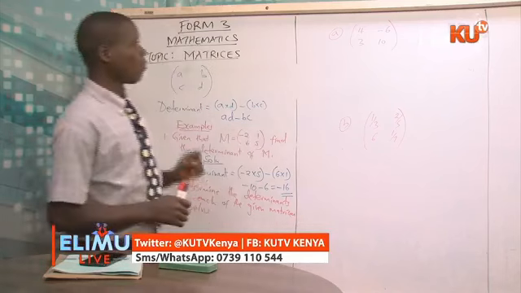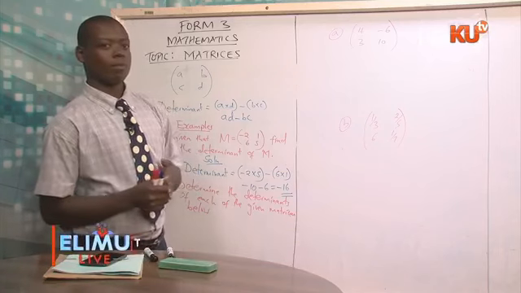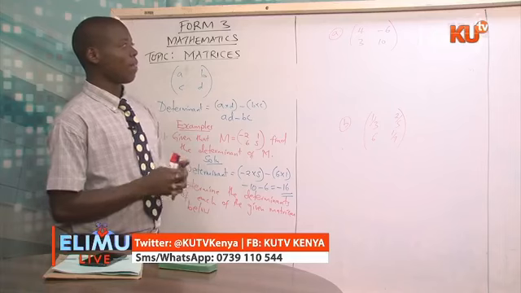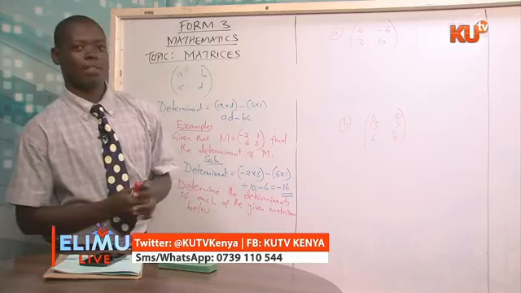Let's start with the first one, students. What are the elements in the leading diagonal? The leading diagonal has 4 and 10, and the other diagonal has -6 and 3.